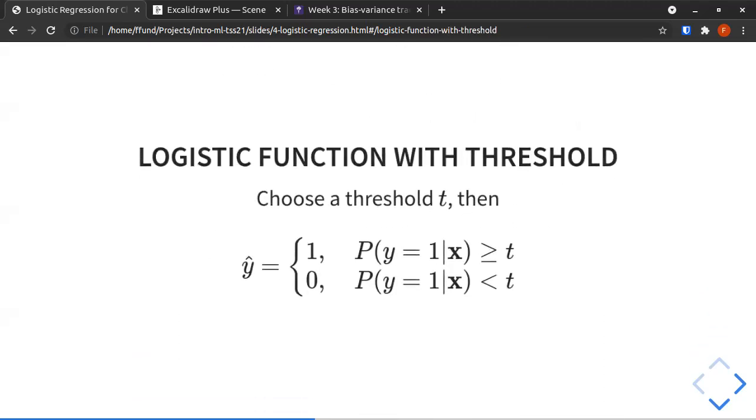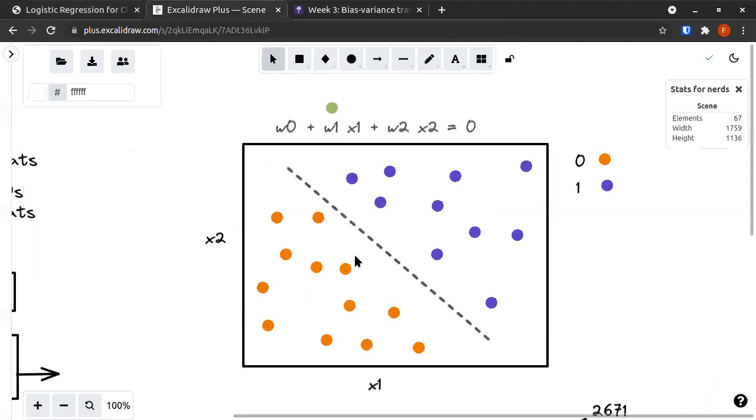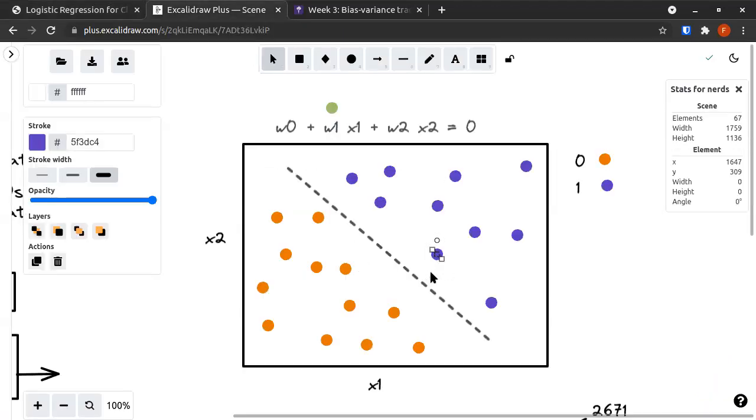So to turn it into a hard 0 or 1 label, we're going to choose some threshold such that if the probability of belonging to the positive class is greater than that threshold, we'll say the label is 1. If the probability of belonging to the positive class is less than the threshold, then we'll say that the class label is 0. So let's look at some examples here.